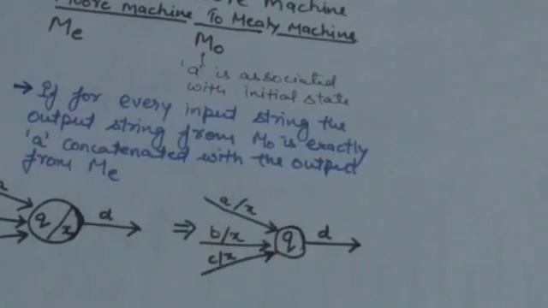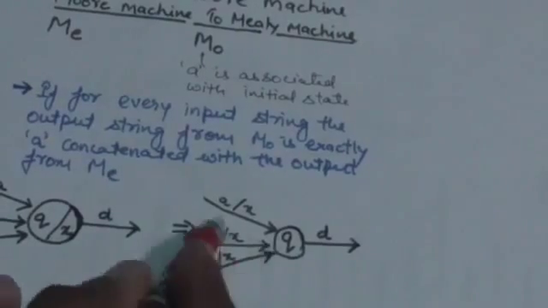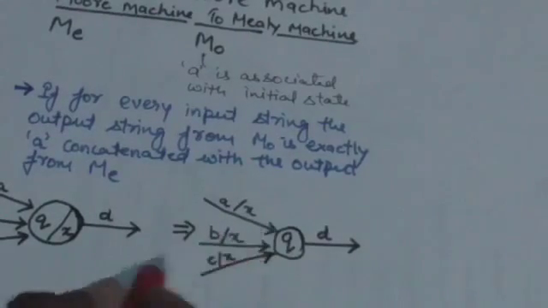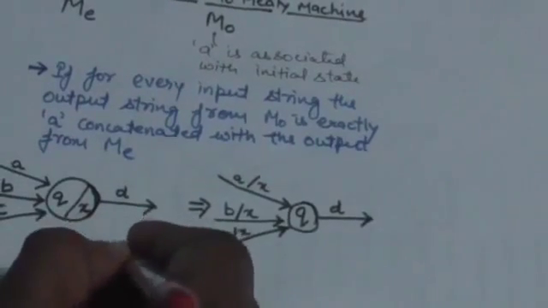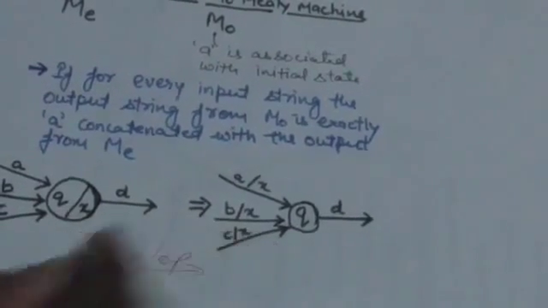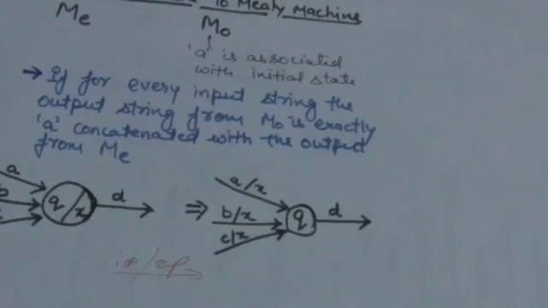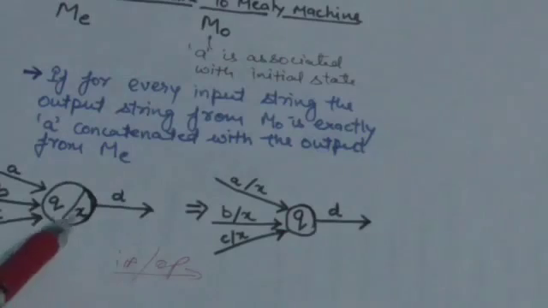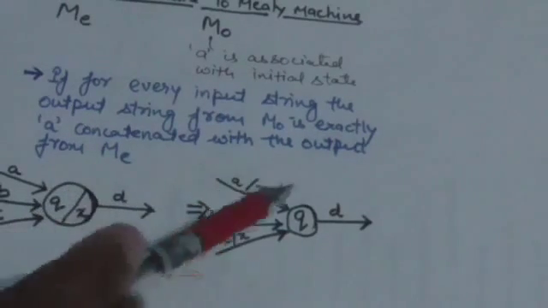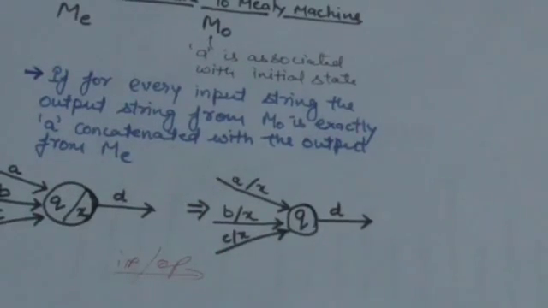So how do we label it with transition? We write it on arrows, on edges. First we write input symbol and then slash and then output. So I have labeled this output symbol on incoming edges to this state. So now this state has been transformed into this state.